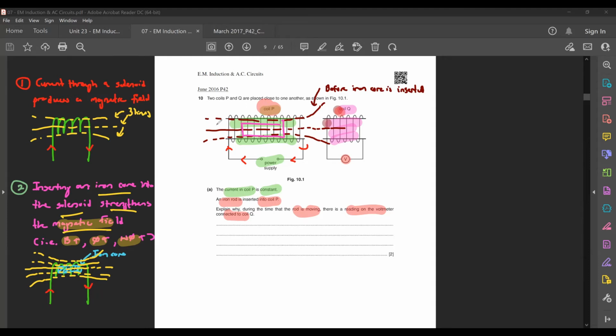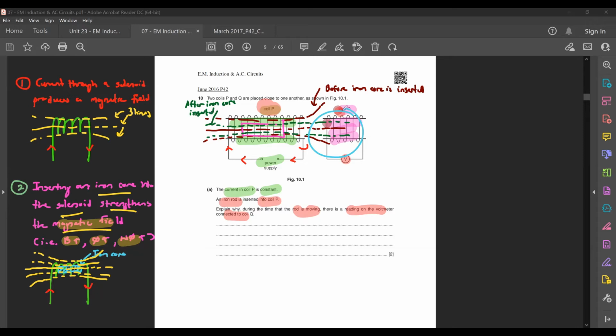Right now my magnetic field strengthens, and I actually have more lines. The green lines represent the magnetic field after the iron core is inserted.